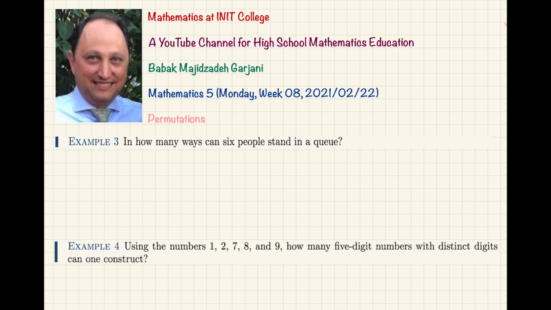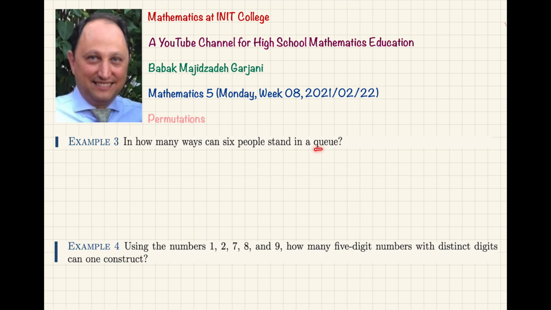Now let us go to this example and try to solve the problems using this theorem. In how many ways can 6 people stand in a queue? Here people are playing the role of objects, and needless to say, people are distinct objects, even if they are identical twins, they are distinct people.